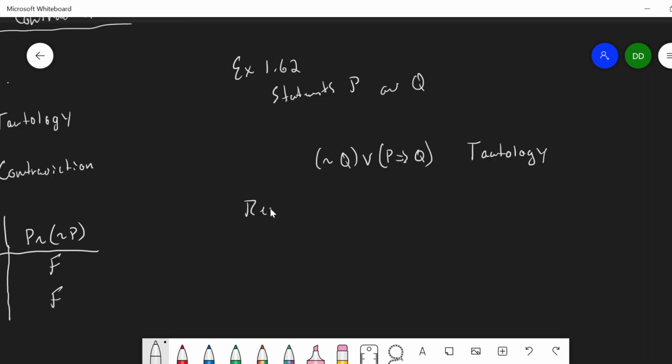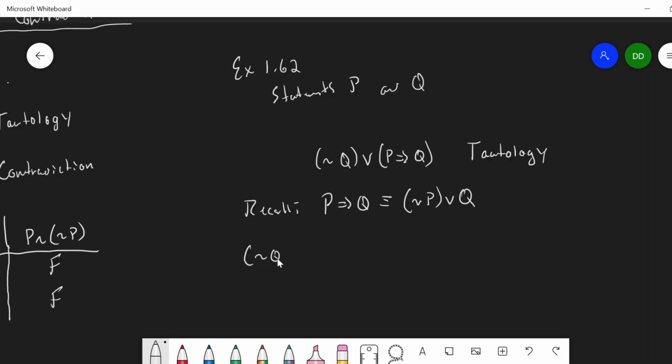So I want you to recall how we can rewrite implications. Recall that P implies Q is equivalent to not P or Q. Right? These are equivalent statements. And so that means I can rewrite this statement up here using this fact.